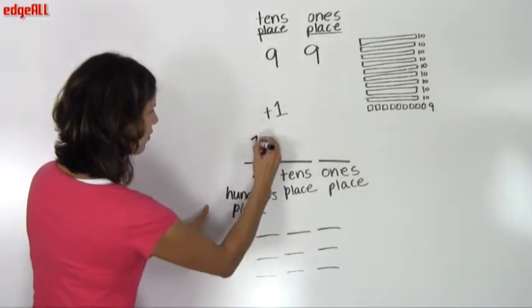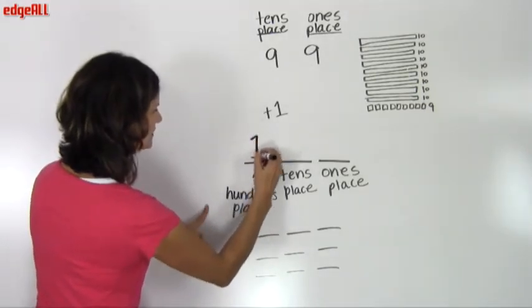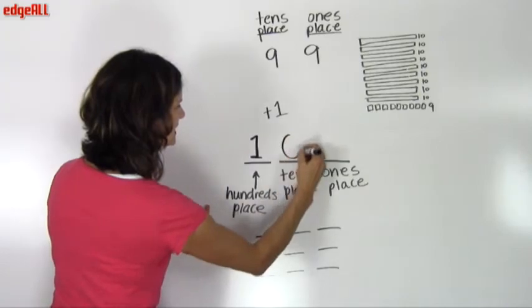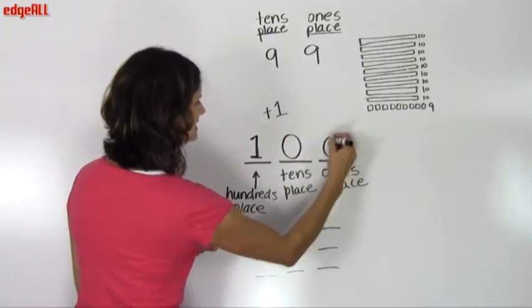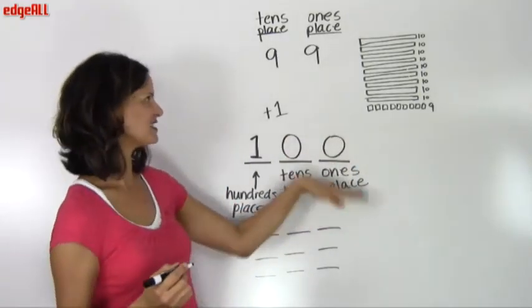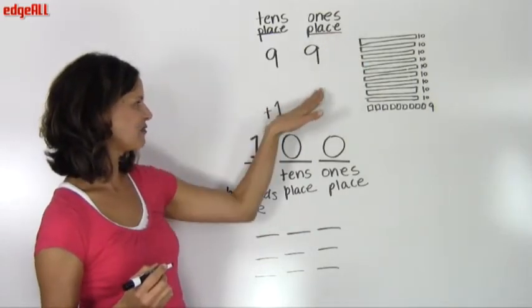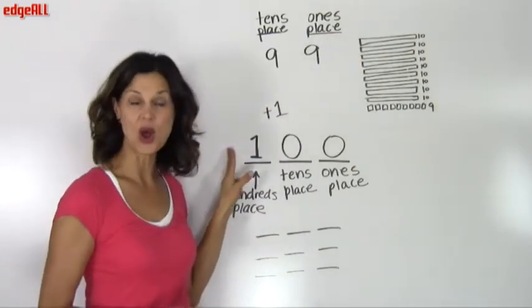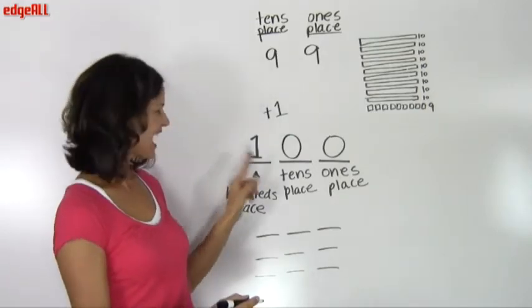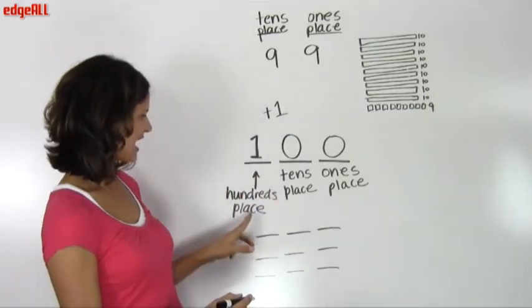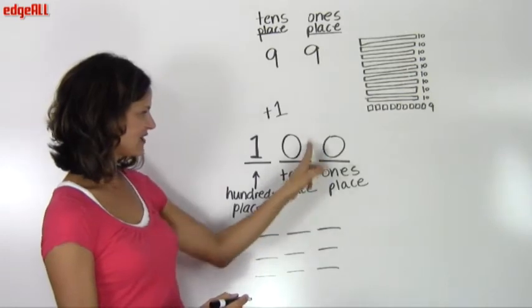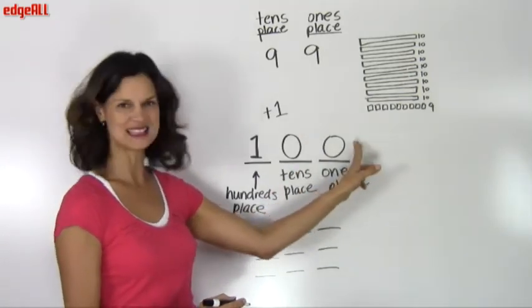And we put a 1 here in the hundreds place. We put a 0 in the tens place and a 0 in the ones place. So this is our number after 99. 99, add one number, and we get to 100. And we've got a 1 in the hundreds place, 0 in the tens place, and 0 in the ones place.